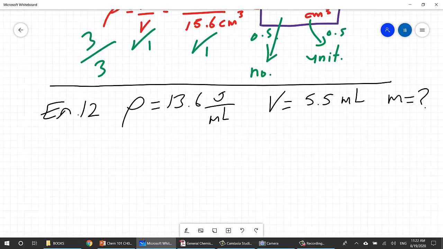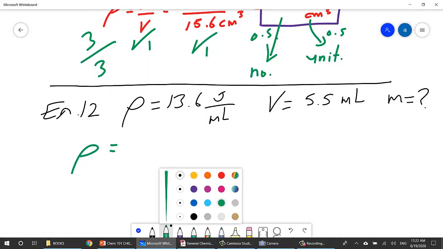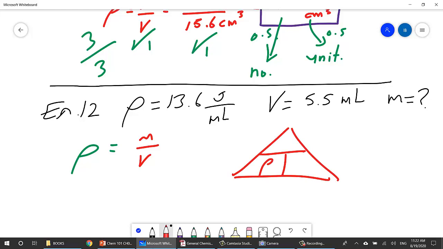Okay, so again I can use this. I can say rho is equal to mass over volume, and you know this, right? I think you know this from school. You can do this. So density is equal to mass over volume. So the mass equals rho times volume.